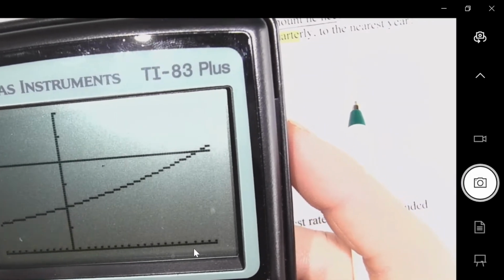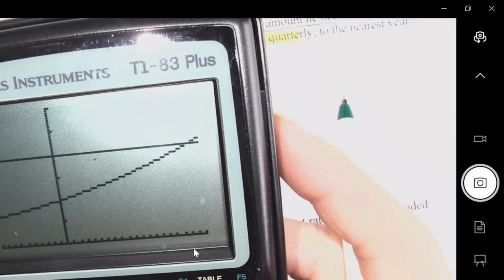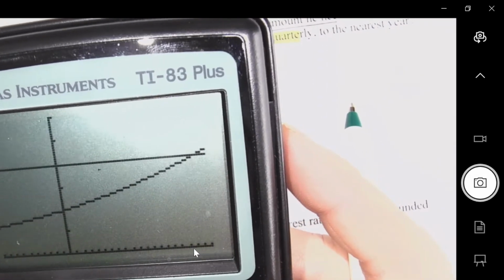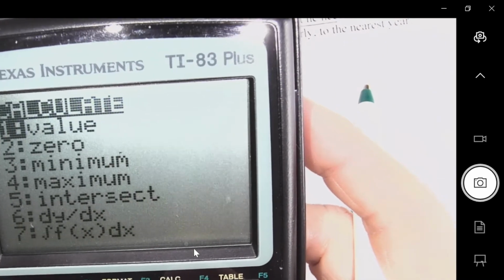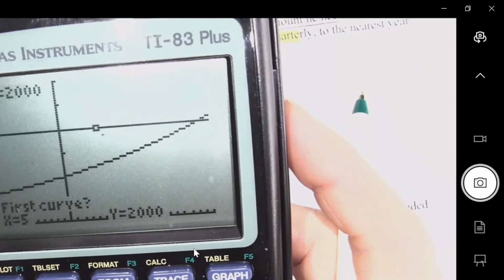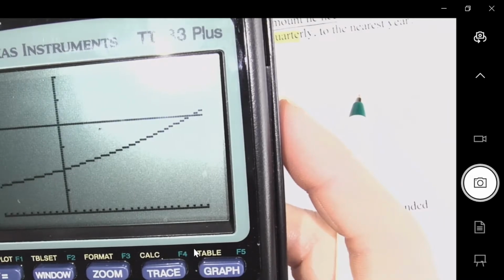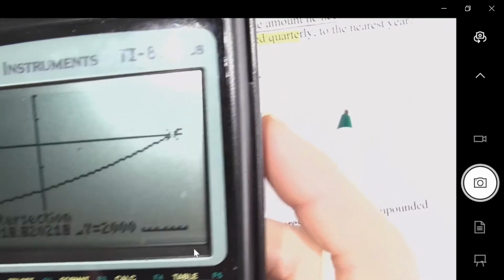Okay, I got it in my screen. Now my guess is going to be like 19 years. Okay, calculate intersection, enter, enter, enter. It took 18.8 years.